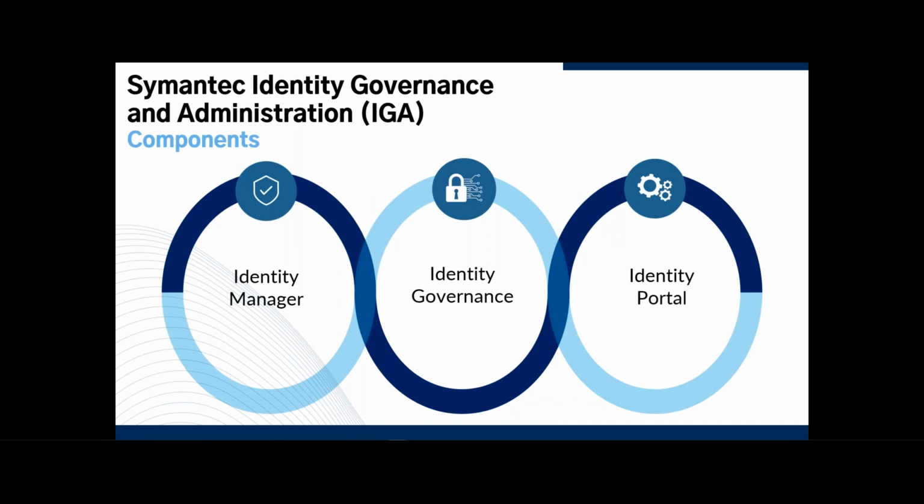So what is identity governance, or IGA? There are three core products that make up the suite: identity manager, identity governance, and identity portal. Now, at SIS, we like to talk about some other key pieces, such as the Symantec directory and reporting, because there are very few organizations that don't leverage those pieces when they leverage the suite.